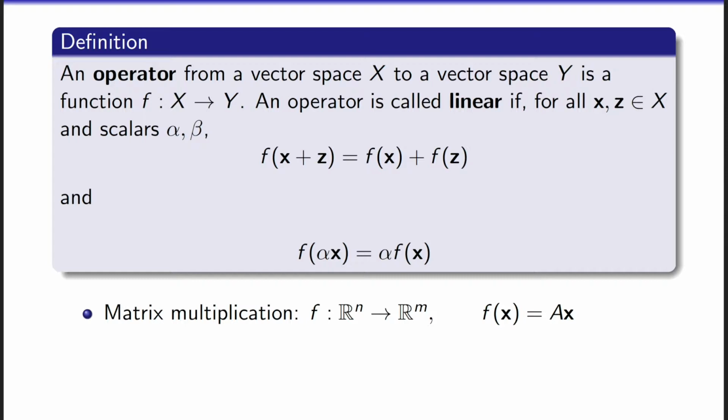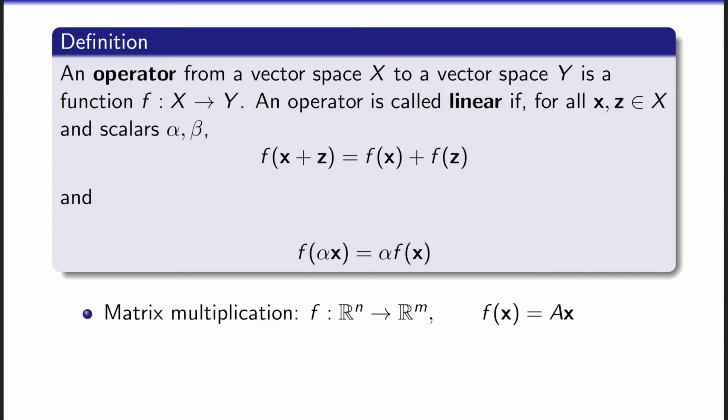So one of the most common examples of a linear operator is matrix multiplication. You can think of any m by n matrix as a linear operator whose domain is R^n and the range is R^m. Matrix multiplication is a function that operates on a vector from R^n and returns a vector in R^m.